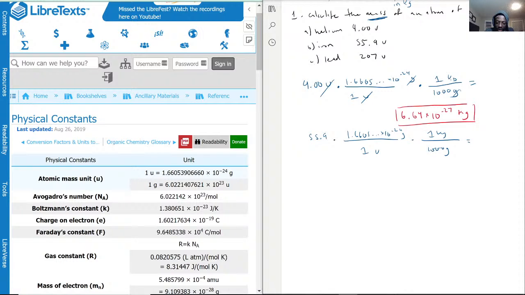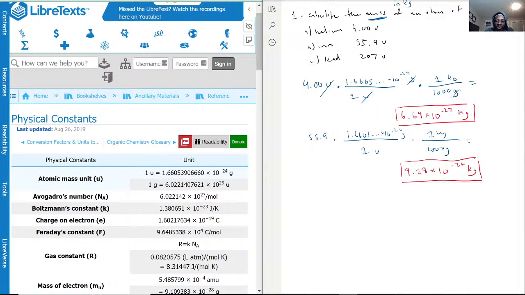We get a slightly larger number, which makes sense because we have a larger amount of atomic mass units. We get 9.28 times 10 to the negative 26 kilograms.